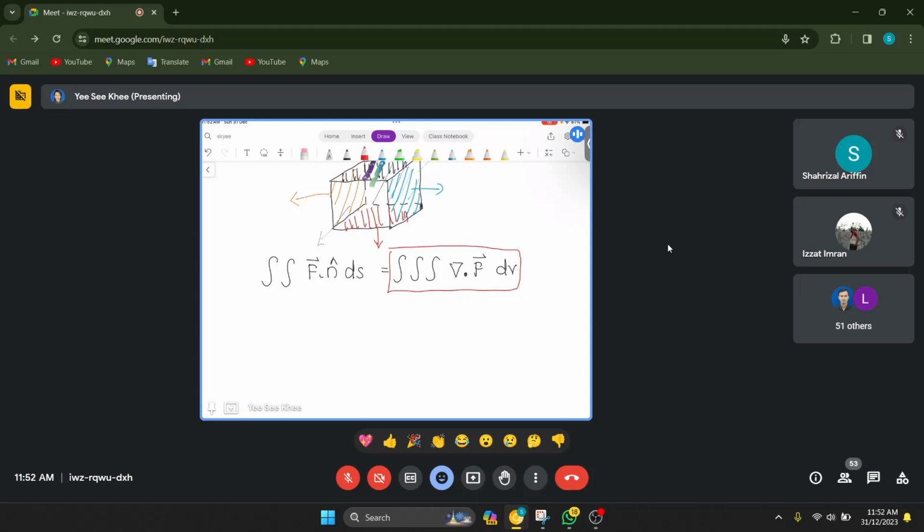We look at an example, example 4.33, then you will see the usage of this divergence theorem, or the Gauss theorem.